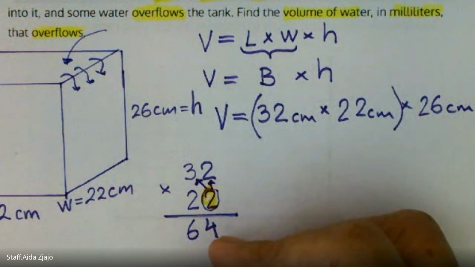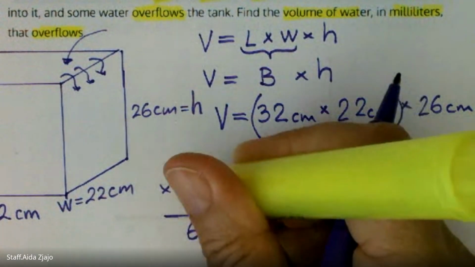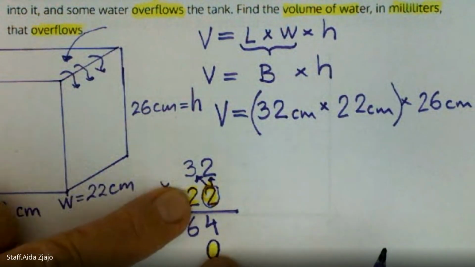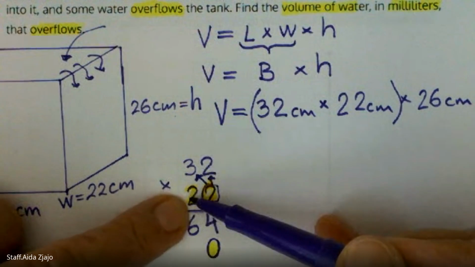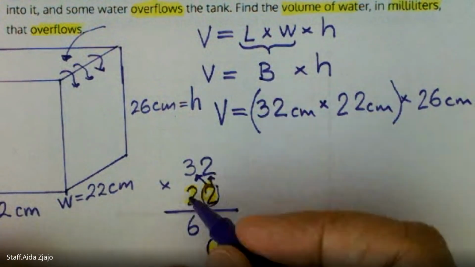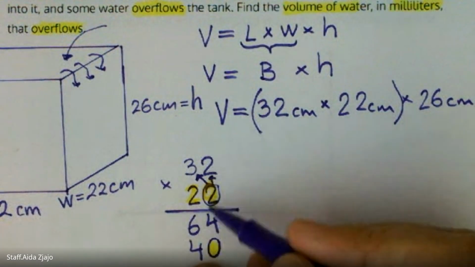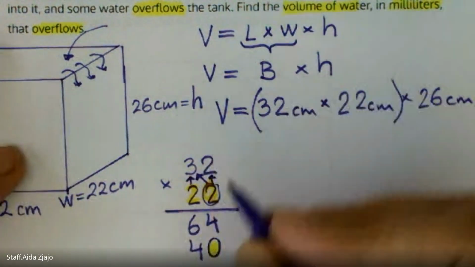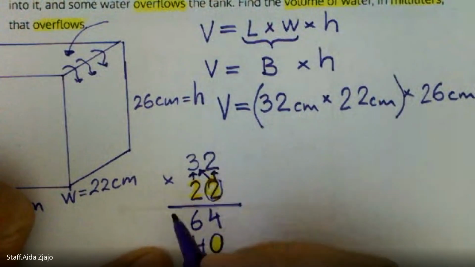I'm going to use the placeholder for the ones, that is 0, because this is not 2, it's 20. So practically I could do 2 times 2, but this really means 20 times 2. 20 times 2 is 40, or we put the 0, and 2 times 2 is 4, and 2 tens times 3 tens is 600.